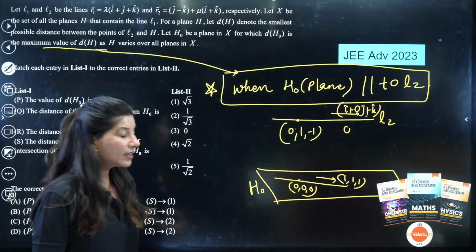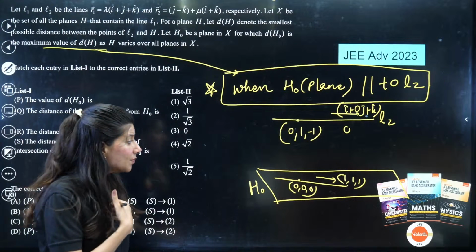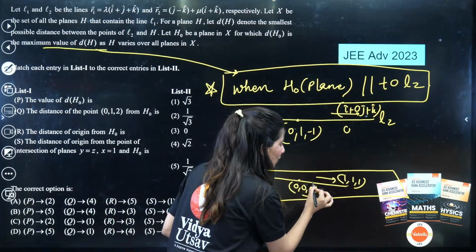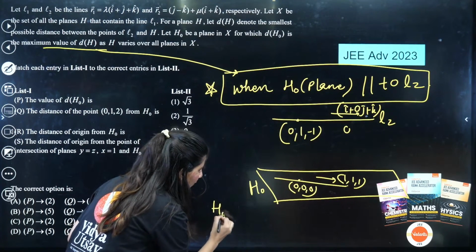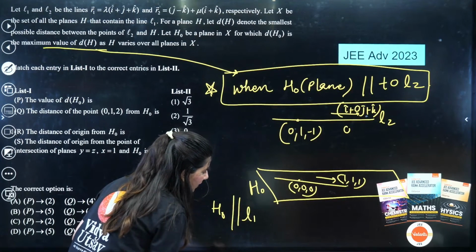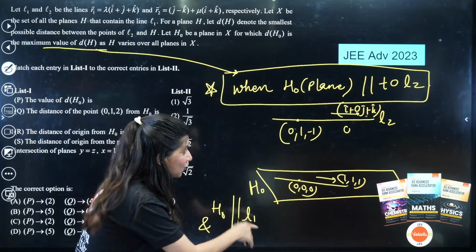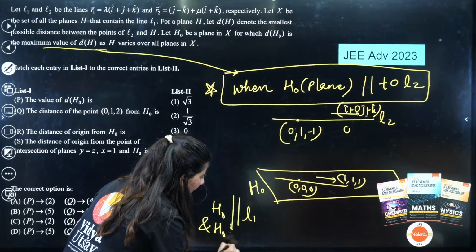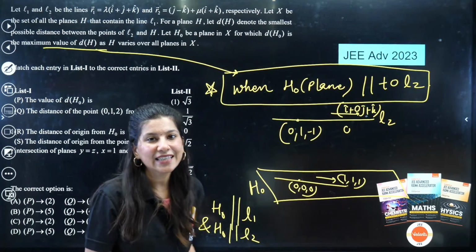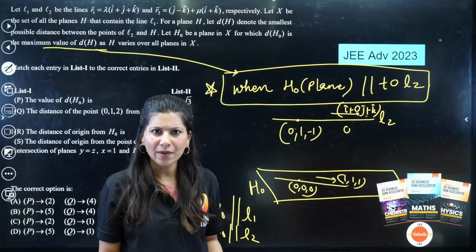So what did we understand? That my plane is parallel to line 1 as well. H0 is parallel to L1, and along with that H0 is clearly parallel to L2, because if a plane is containing that line, plane and line are obviously parallel.